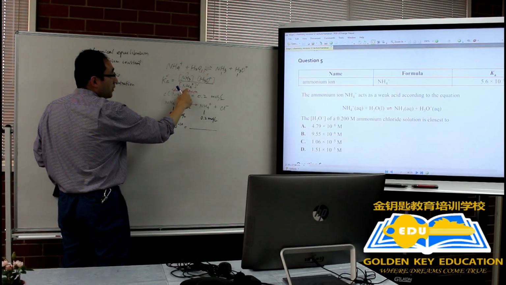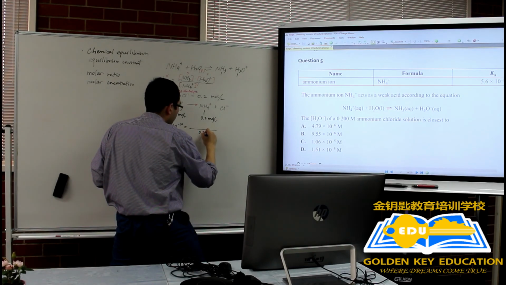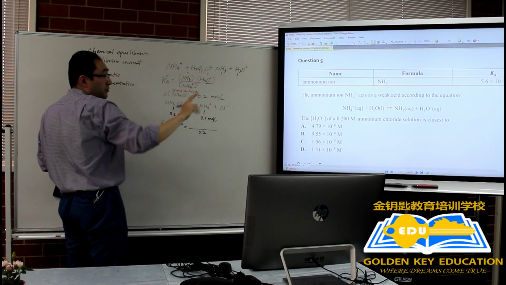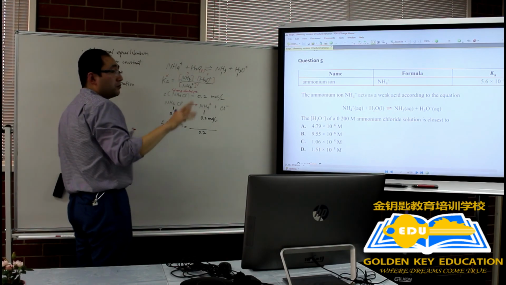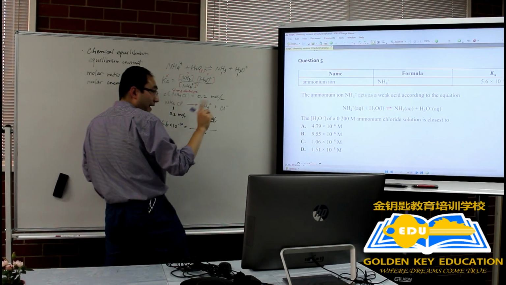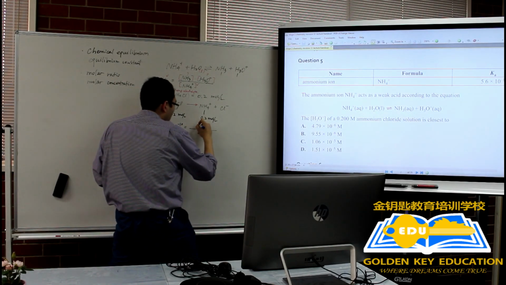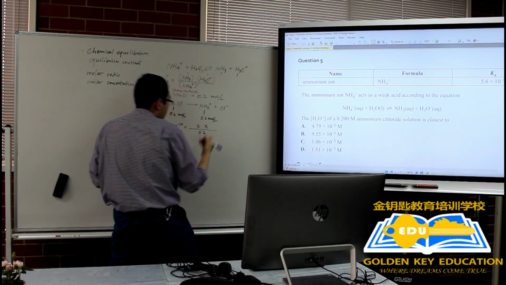At the bottom, we have the ammonium ion concentration, which is 0.2. And we have two question marks on top of the fraction. These two question marks are of the same quantity, so I can make them both x, which is a generic symbol for unknowns, right? So I have x times the other x.